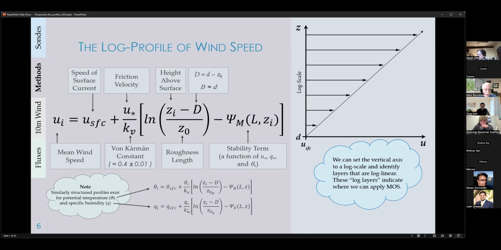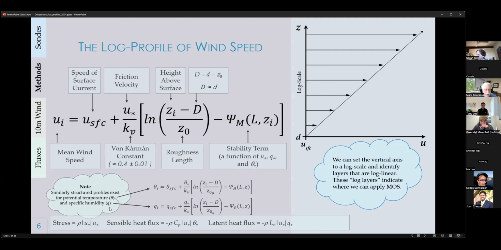And it's very similar looking profiles. So we can solve for all these things simultaneously. And because L depends on the friction velocity, the analogous terms, and the temperature and humidity profiles, it's doable. So we end up solving for all these variables to get a wind at 10 meters.